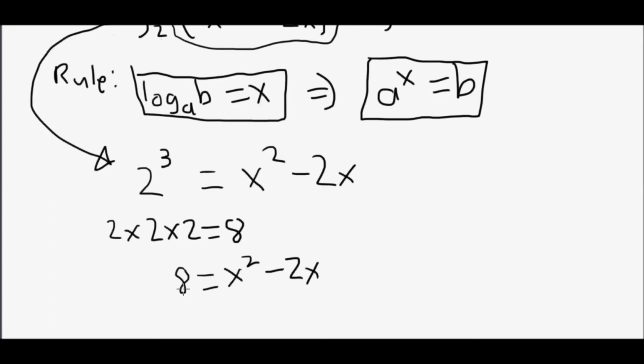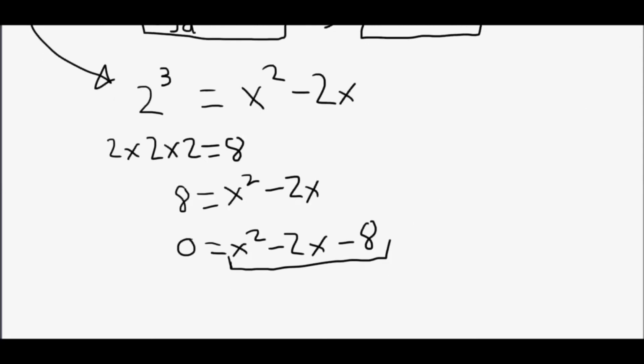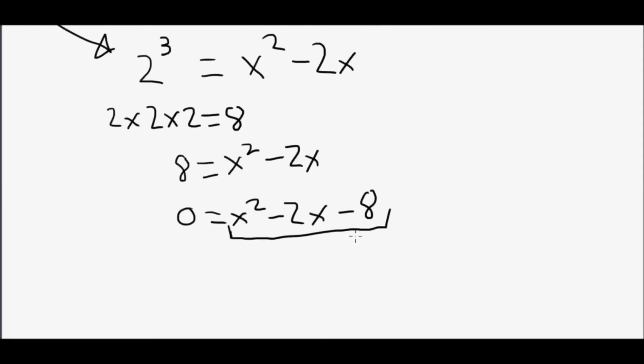Then we're going to simply bring the 8 to the other side of the equation and get 0 equals x squared minus 2x minus 8. Now we have a quadratic equation here. So how do we go about solving a quadratic equation? Well, there are multiple ways we can do this, but I will go through the method of factoring.